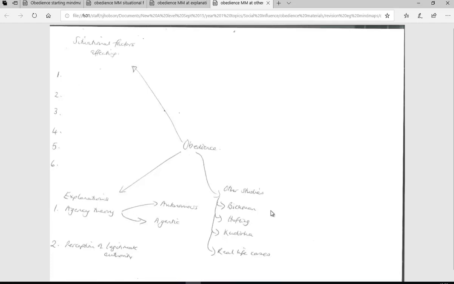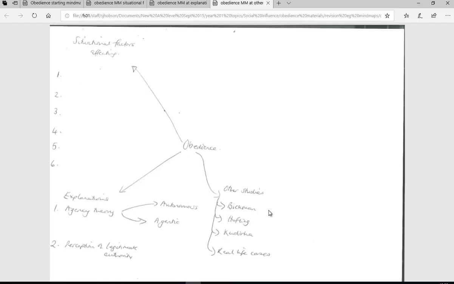And they also did a scenario with the milkman's uniform. What they found was double the amount. Now, you might find different texts saying different percentages. Most of the texts I've seen have said it's roughly around 40% in civilian, around 80% in the guard, and almost negligible. Hardly anyone obeyed the milkman.